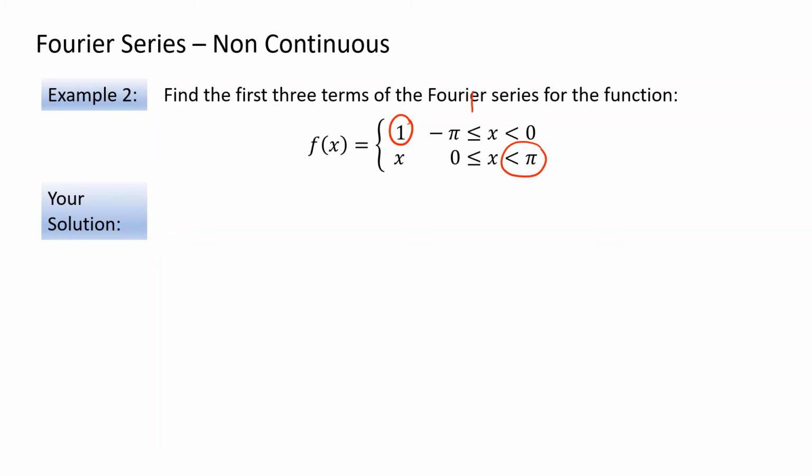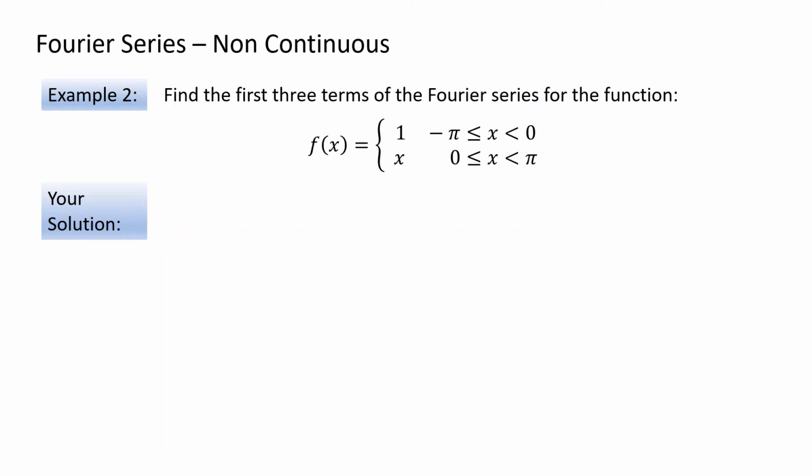You can see that's what the less than or equal versus the less than means. The same thing means that f of x equals 1 is not valid when x is 0, but f of x equals x is the function to use when x is 0. And again, that's because of the less than or equal sign here.